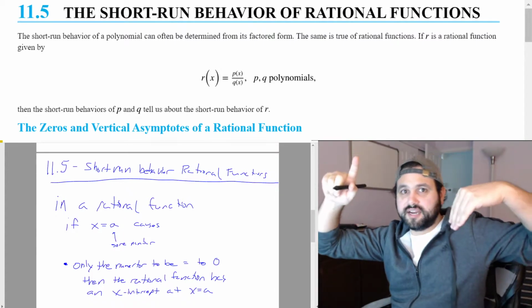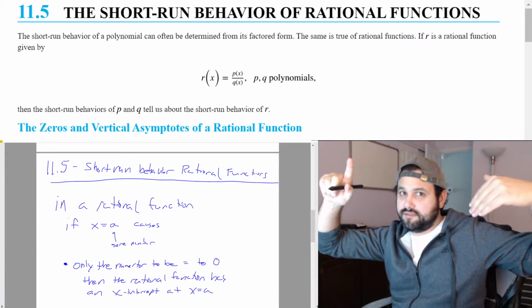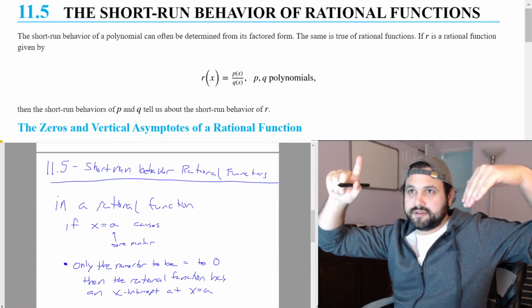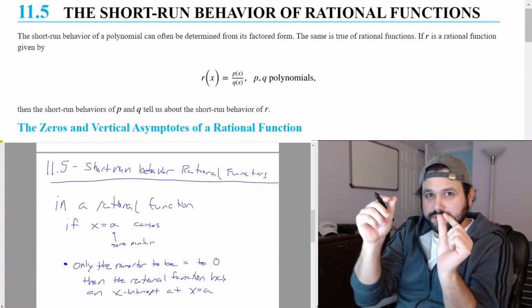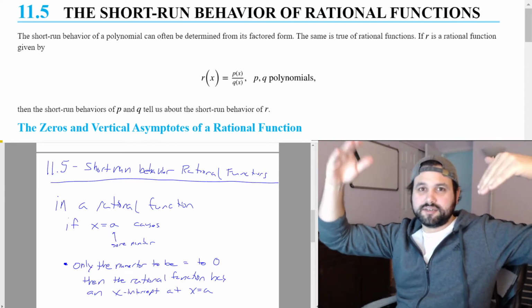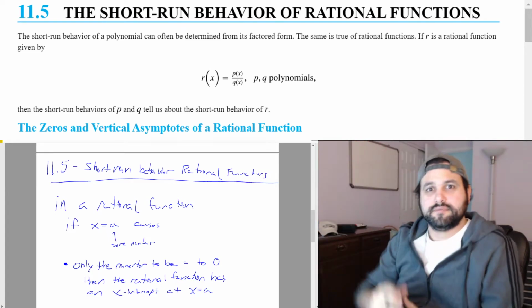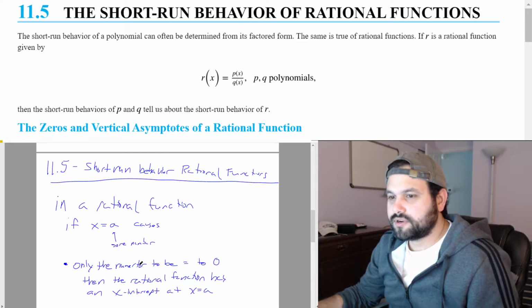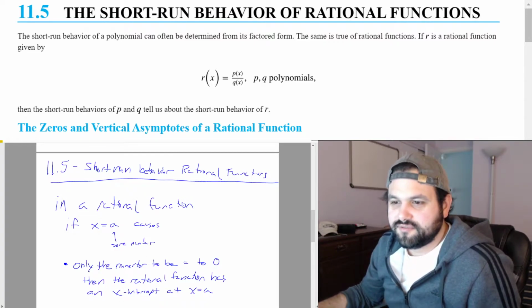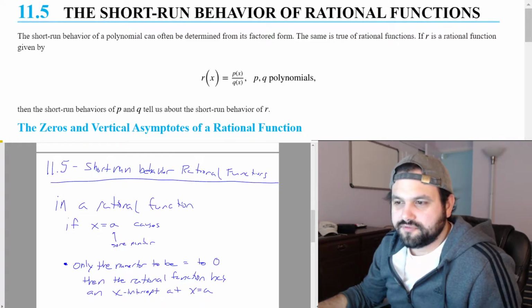And then on the other side of 0, which is negative, it's a negative, very small magnitude number, and we're dividing by it. That's going to shoot down to negative infinity. And so what we're going to create is a vertical asymptote. So the rational function has a vertical asymptote at x equals a.